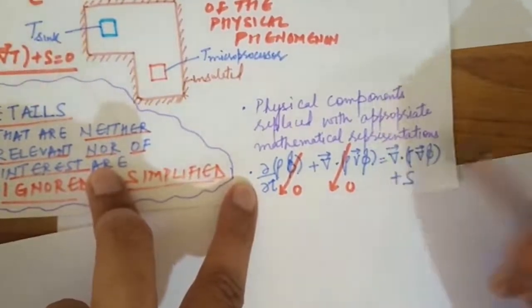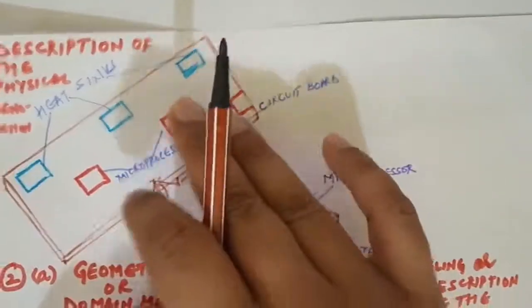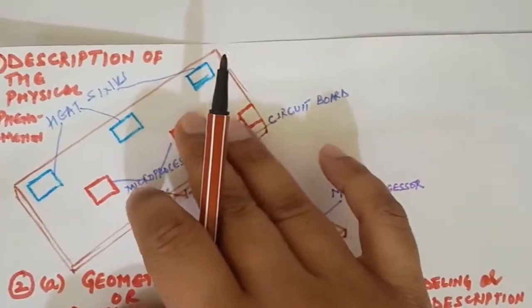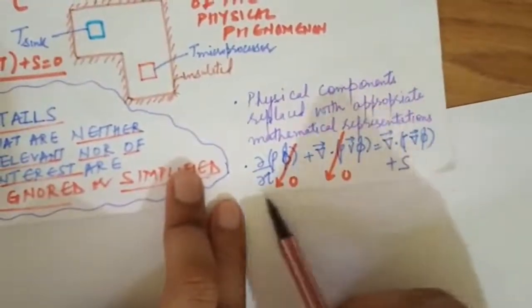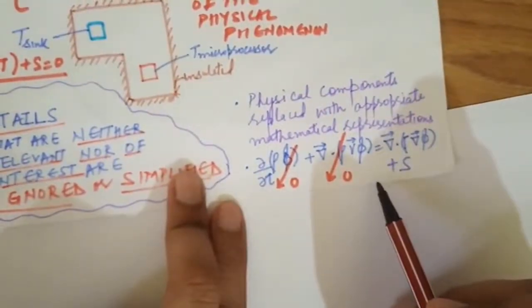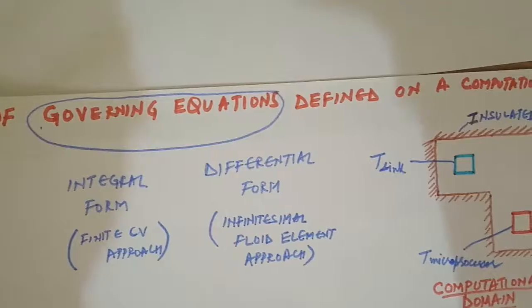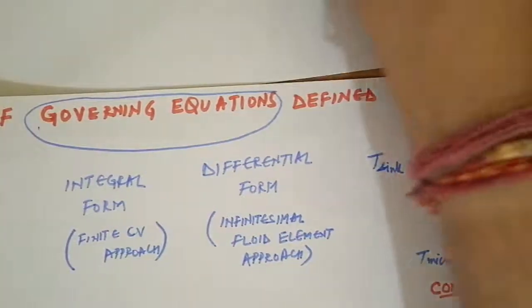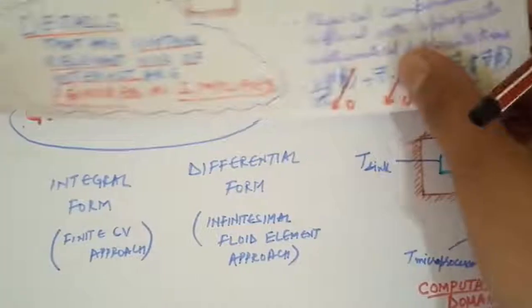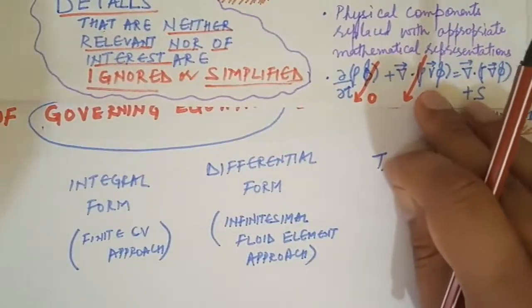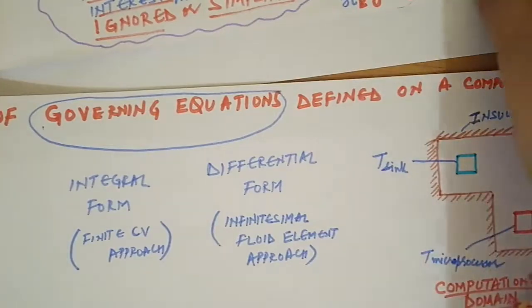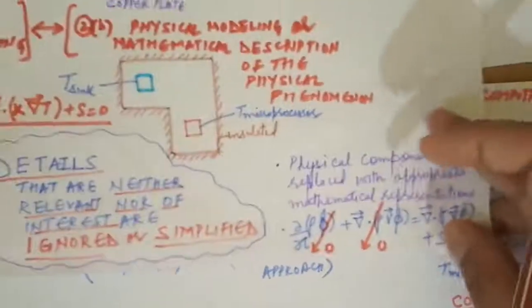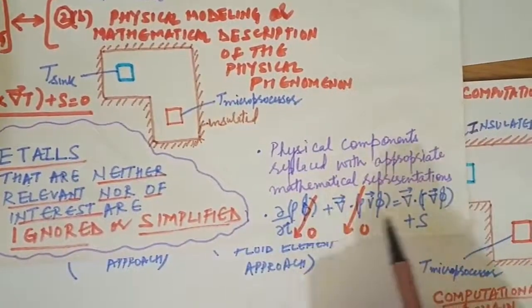So please remember, depending on the physical situation actually at hand, you will simplify this generalized conservation equation. This setting up of the governing differential equation now forms the third step, in which we have actually defined the physics using some kind of mathematics.